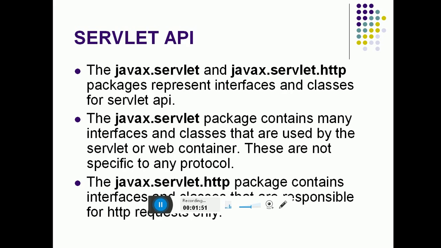Basically the first package, javax.servlet, is a protocol independent package. It does not depend upon the protocol in which it is used. It can be any protocol like HTTP or any other protocol, but javax.servlet.http is protocol dependent, meaning it only accepts requests of the HTTP protocol.